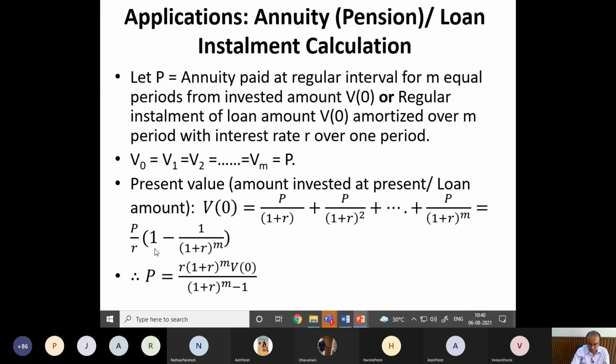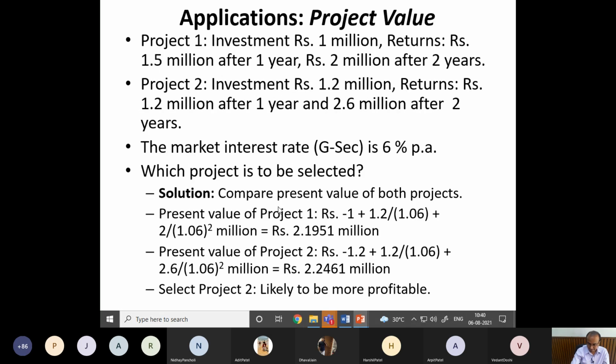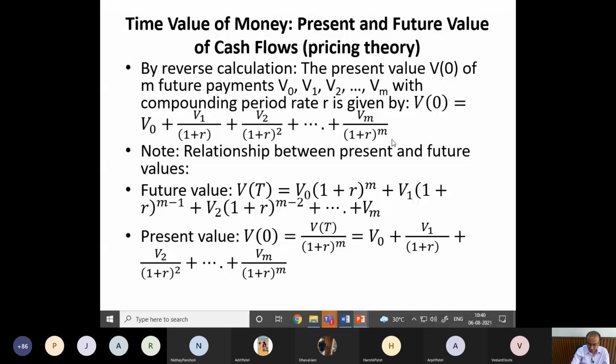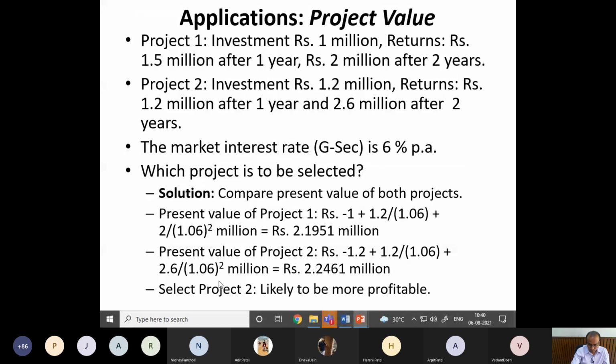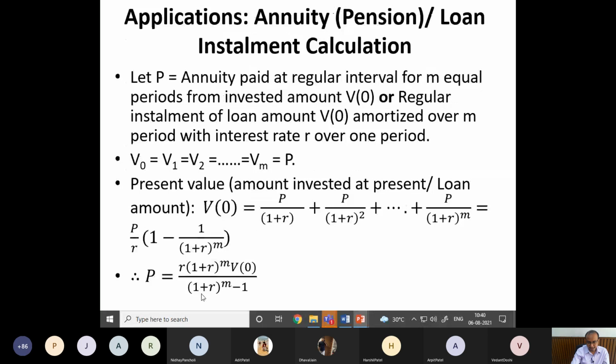If I apply this formula, I can find what my annuity P will be with this investment amount V0, the interest rate over a period R, and M periods. So I know the number of periods, the interest rate per period, and my initial investment amount, and that determines my annuity. So the same time value of money formula is used to calculate the annuity amount.